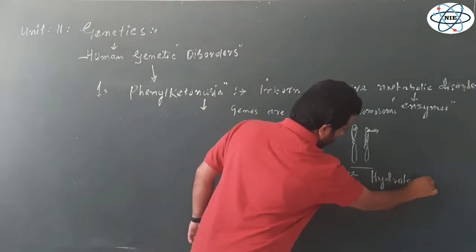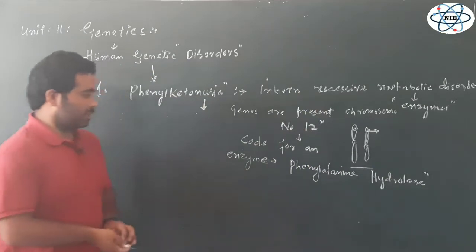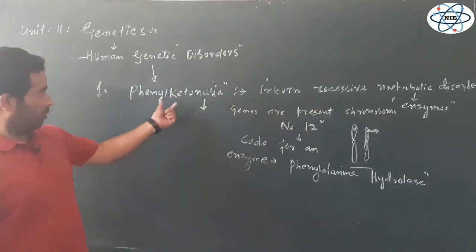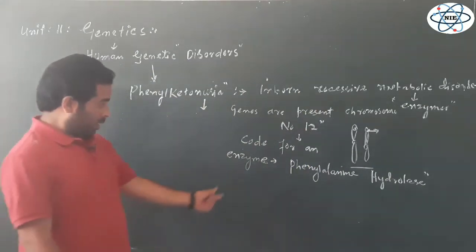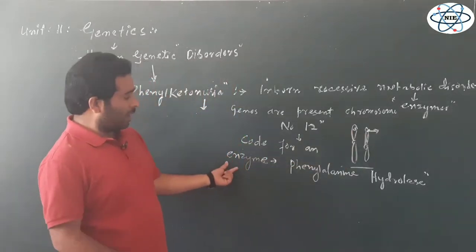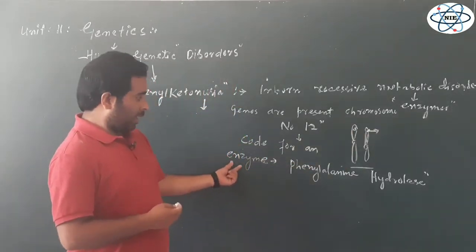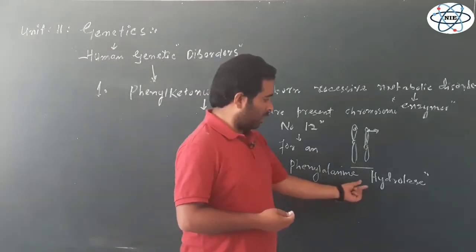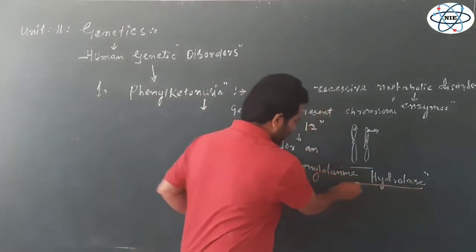So in normal conditions, that means if there is no genetic disorder, what we call phenylketonuria, these genes located on chromosome number 12 code for the enzyme phenylalanine hydroxylase. This is a very, very important enzyme.